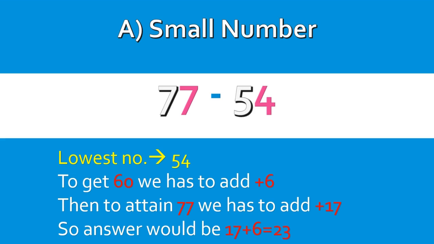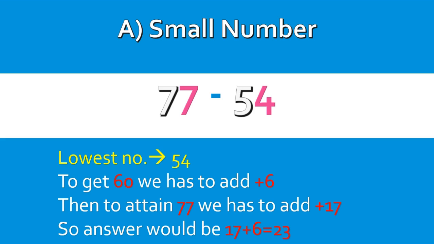Keep in mind we have added 6, right? Now, how can we subtract 77 minus 60? How much will we get? It's just simple, 17. Now we have already added 6 and we have 17. So the subtracted value would be 17 plus 6, that is 23.